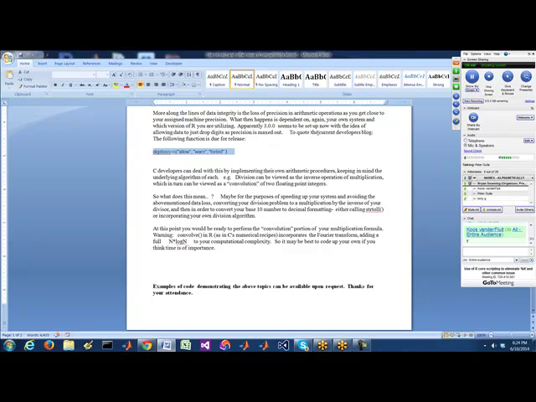Using a division algorithm, maybe as a portion of a multiplication procedure you're going to do, and keeping in mind that division is the inverse of multiplication, you could break it down even further.